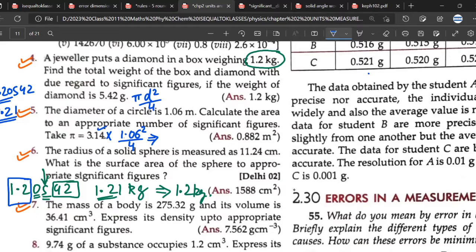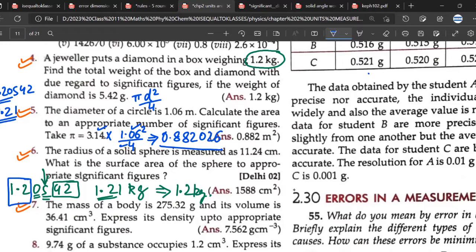This is pi, this is d square, this is by 4. And if I calculate this, 1.06 into 1.06 into 3.14 divided by 4 is equal to 0.882026, my answer as per the calculator.